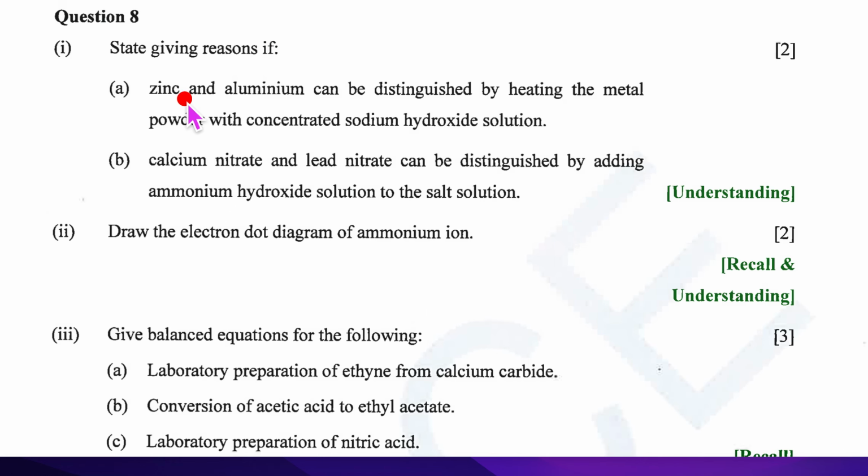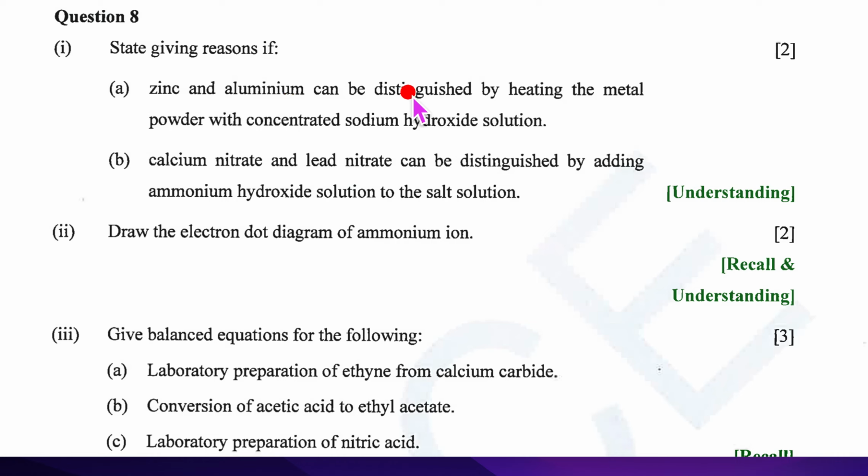Now give reason. Zinc and aluminium can be distinguished by heating the metal powder with concentrated sodium hydroxide solution. Give reason. Can you distinguish them? Both of these are amphoteric. So zinc with NaOH will give us H2 with sodium zincate, and aluminium will also liberate H2 giving sodium aluminate.